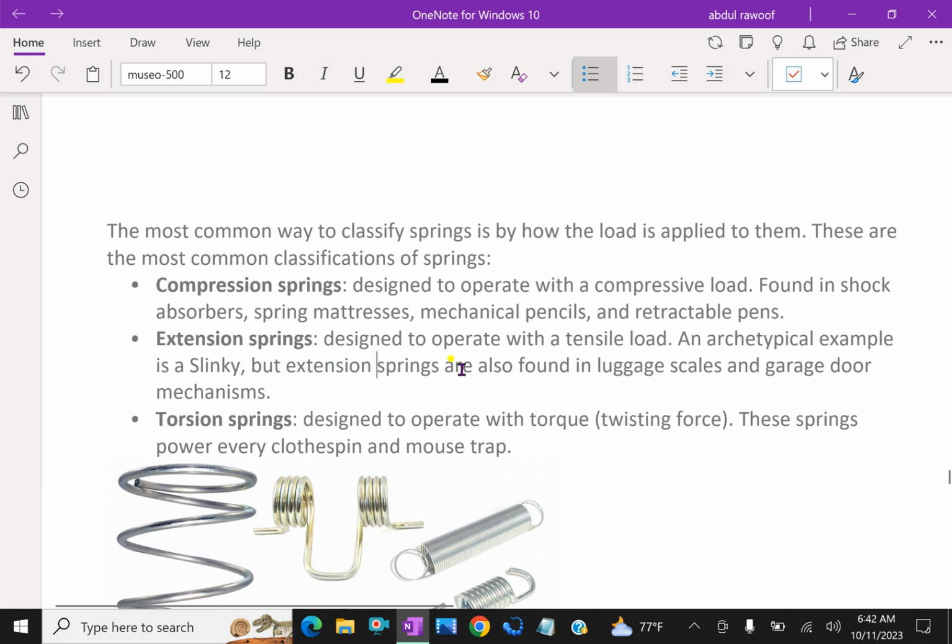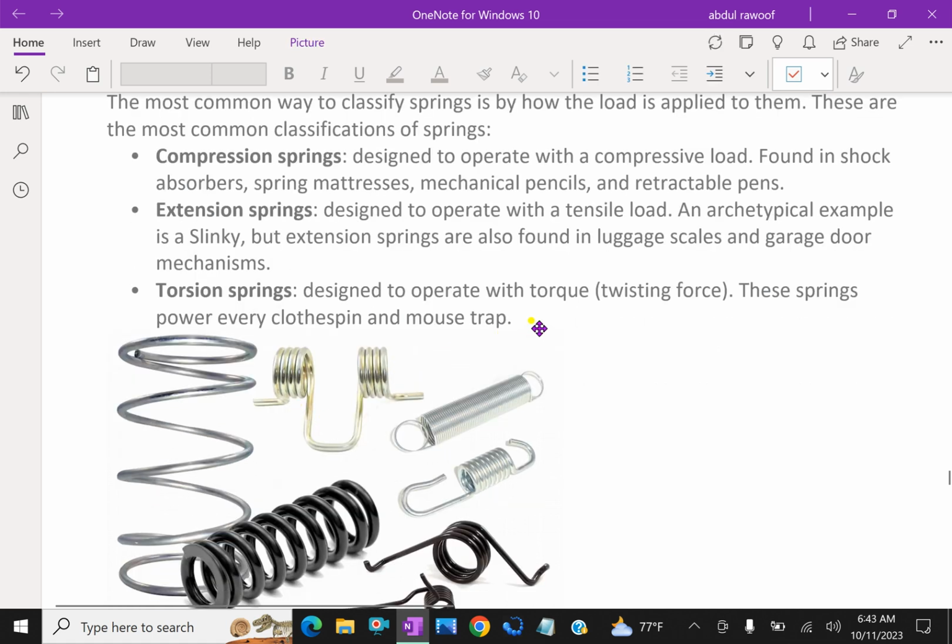Extension springs are designed to operate with a tensile load. An archetypal example is a slinky, but extension springs are also found in luggage scales and garage door mechanisms. Torsion springs are designed to operate with torque, that is, twisting force.